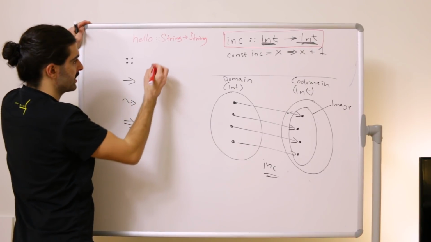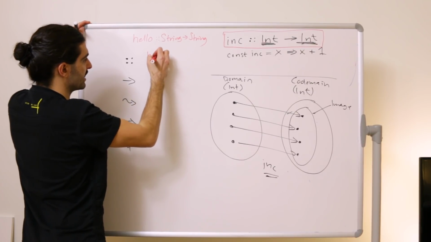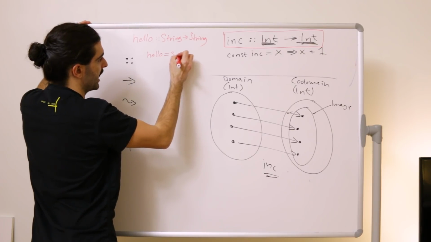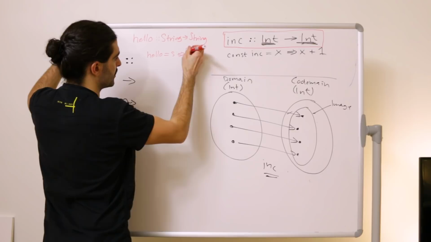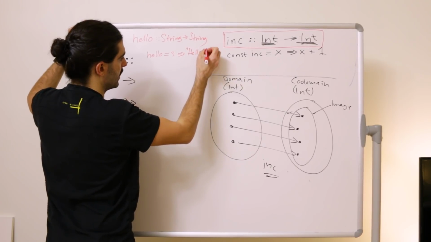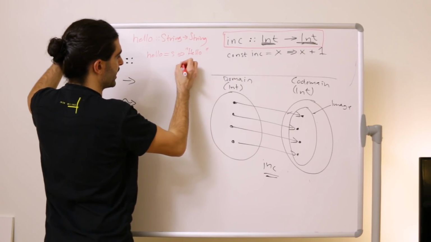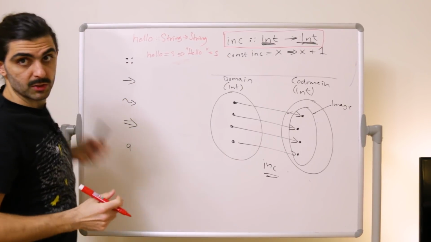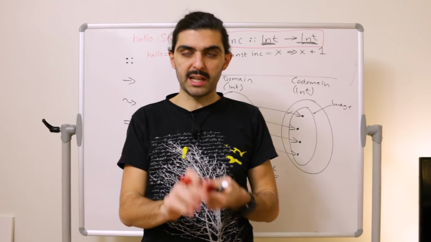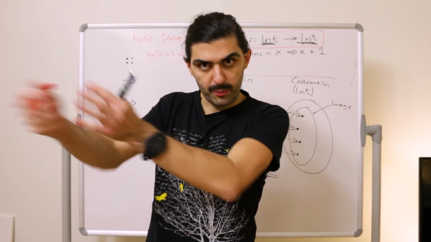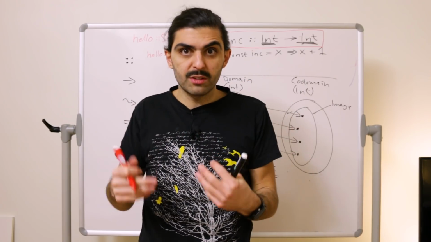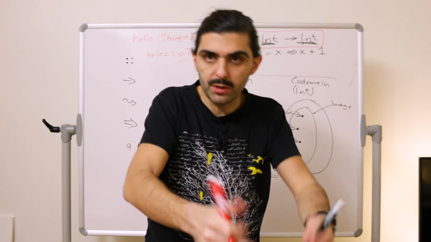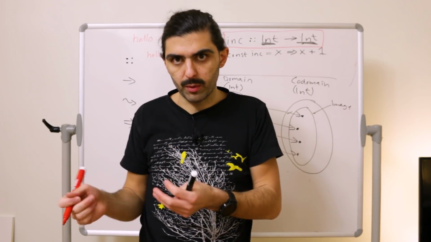So let's say that the implementation of hello is a function that takes some s and then returns the string "hello " plus s. So if I invoke the function and I pass Christopher, I get back hello Christopher. And if you pass foo, you get hello foo. If you pass bar, you get hello bar, and so forth.